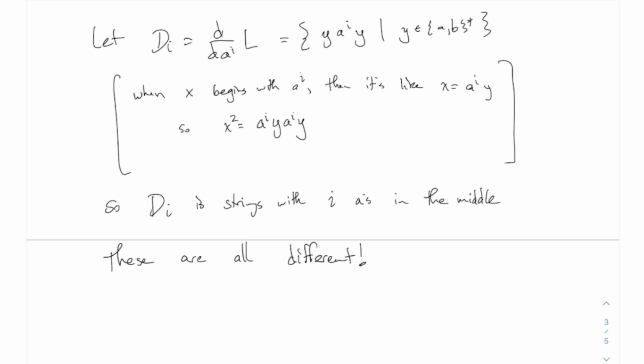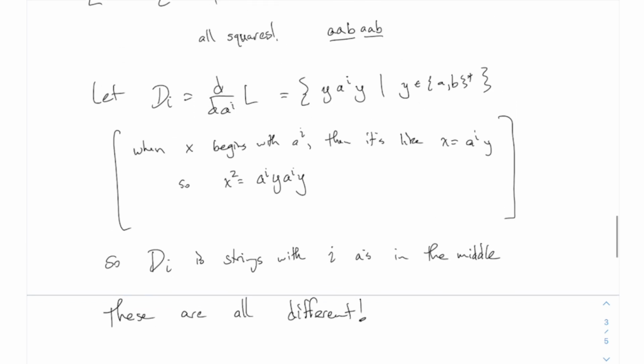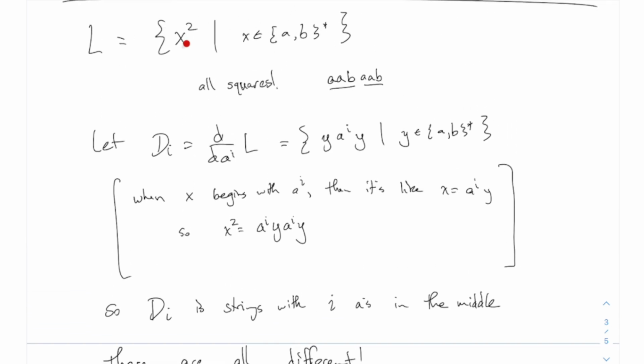This is the same general trick: this x might not start with a to the i, but we imagine that it did, and then you can figure out what the rest of it would look like. And that tells you the format of the D_i.